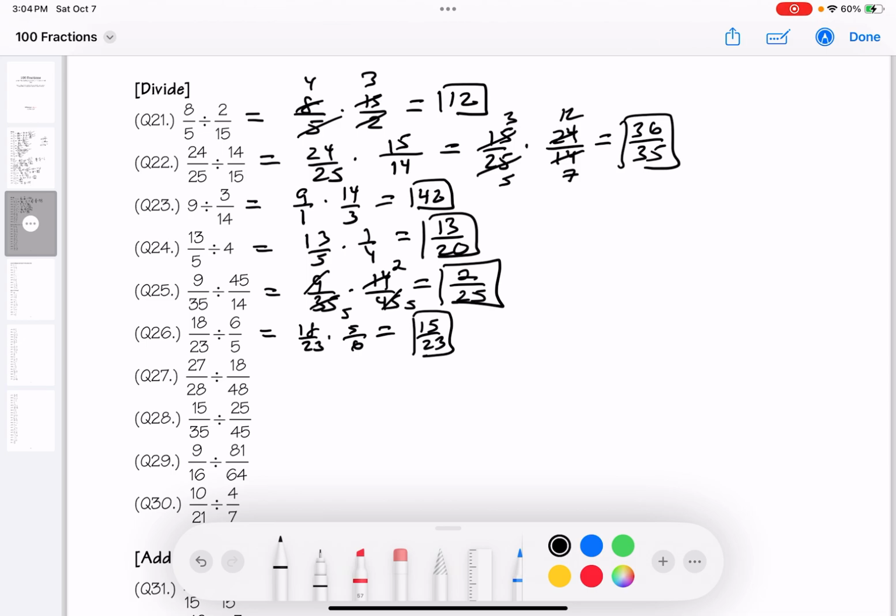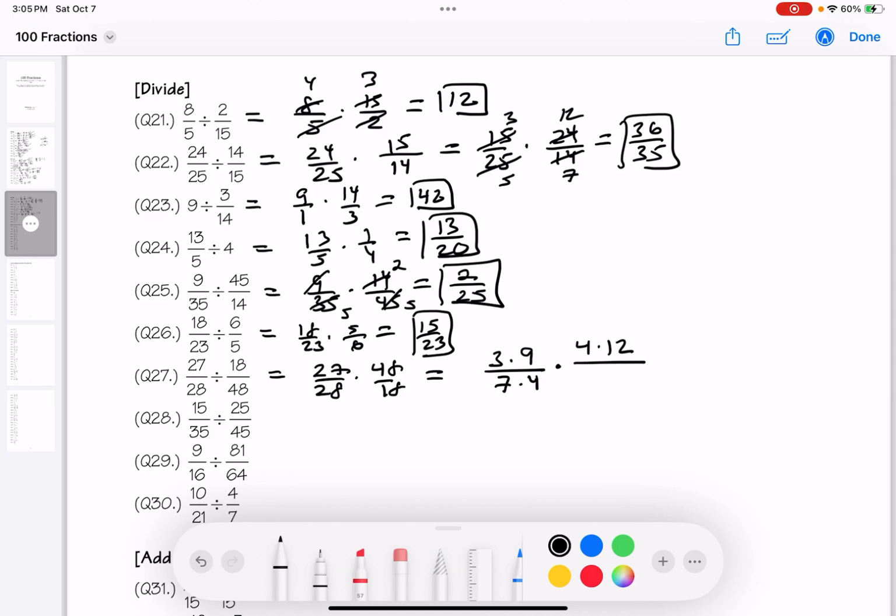Let's put the next one down, which is 27 over 28 times 48 over 18. I'm going to write this one a little differently. I'm going to write 27 as 3 times 9, the 28 as 7 times 4, the 48 as 4 times 12, and 2 times 9 for the 18.